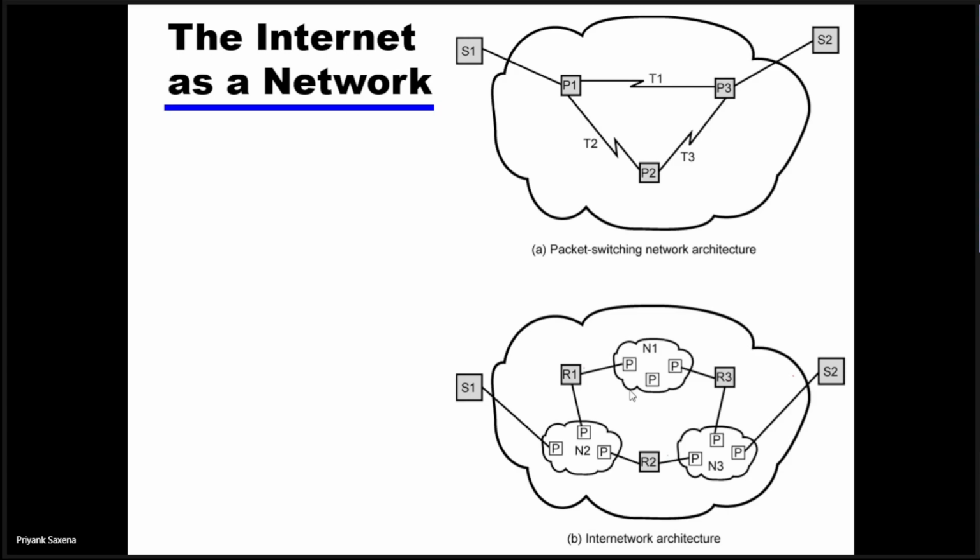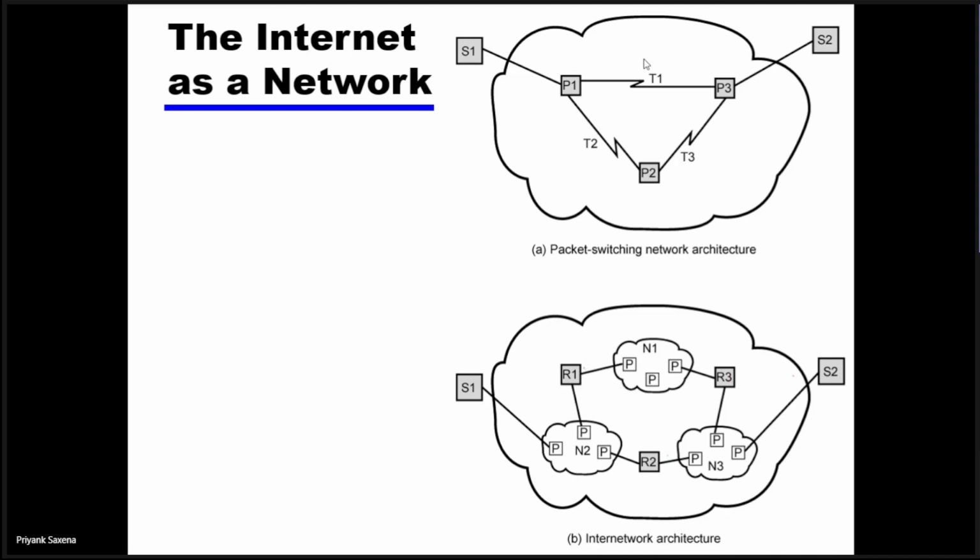There are different networks, N1, N2, N3. All these networks are interconnected through different routers, right? And this is finally the sources S1 and S2, station 1, station 2.